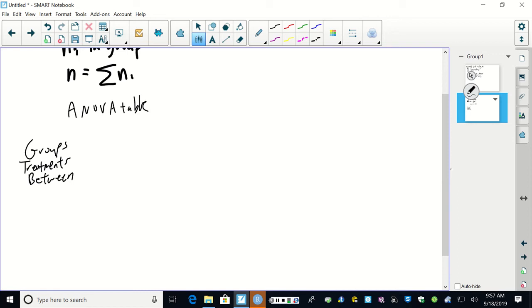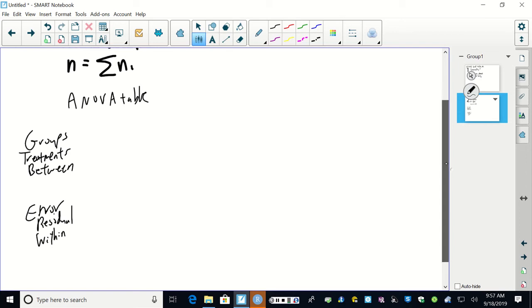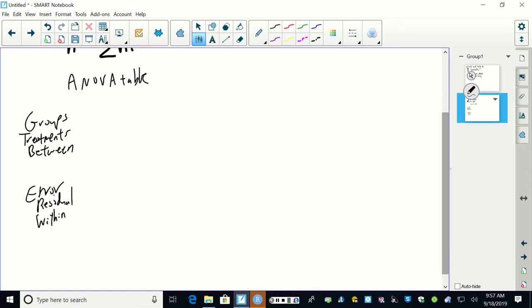And then there is error. R calls it residual. So the residual after you take out the mean. And sometimes it's called within groups. Different fields and different applications will have slightly different terms. And of course, this can be total of some things.